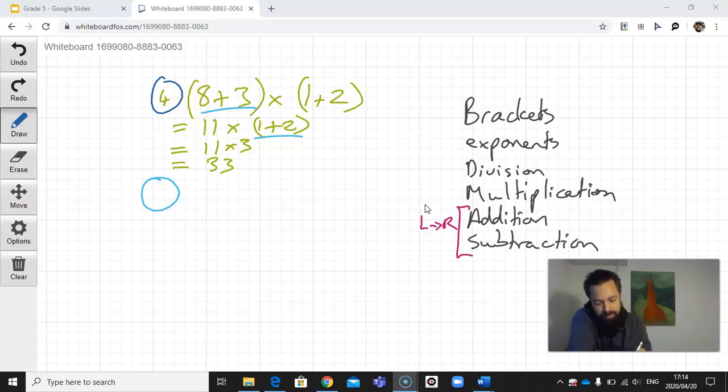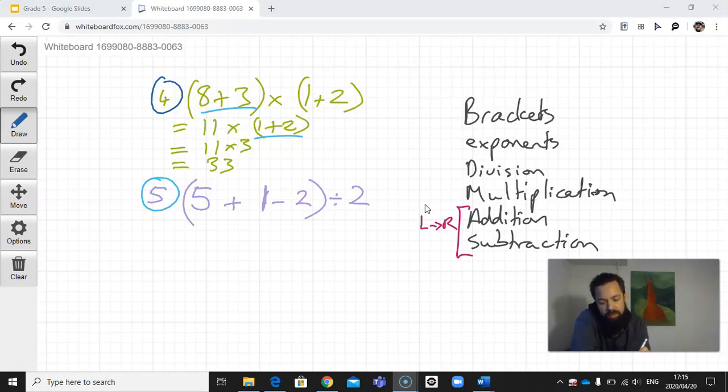Number 5. Now this time, I'm going to increase the difficulty a little bit. Okay, so now we have a problem that has a bracket, but there's more than one thing inside the bracket.